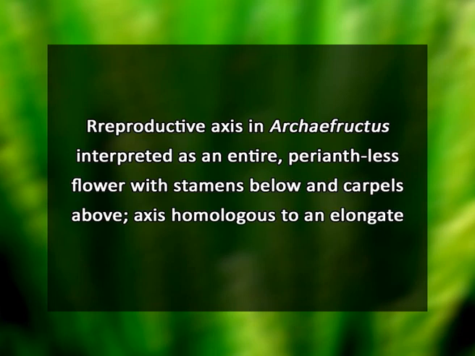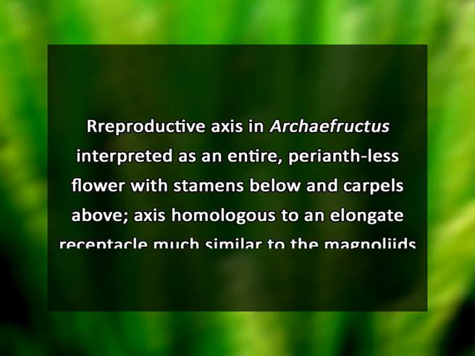The axis is perhaps homologous to an elongate receptacle, much similar to the Monocotyledons. Thus, the reproductive structure in Archaefructus might represent an ancestral flower, or we can say a flower precursor, and therefore this Archaefructus might be sister to all the present-day Angiosperms.